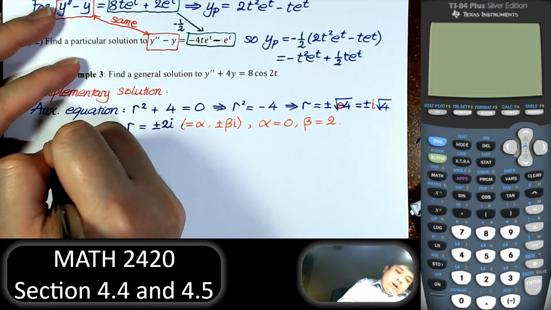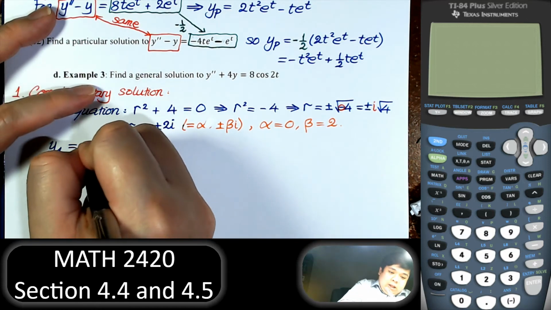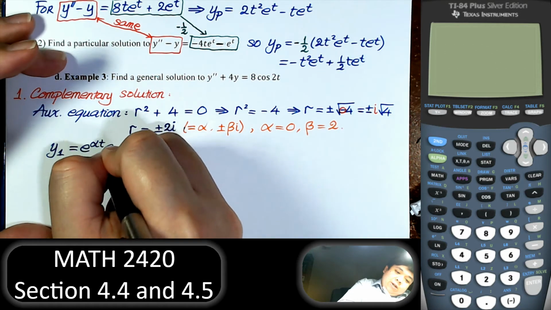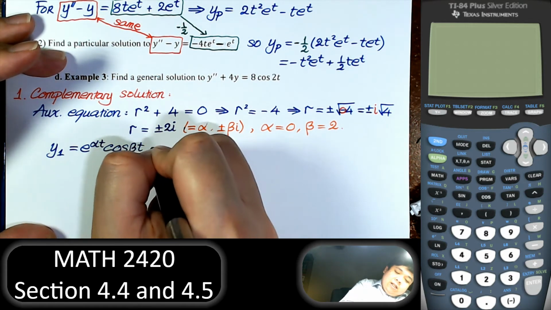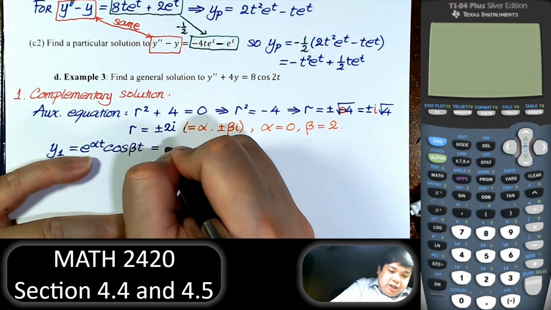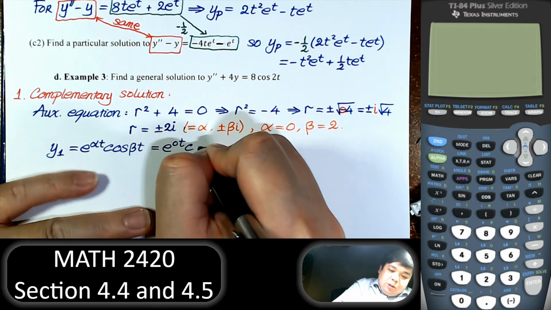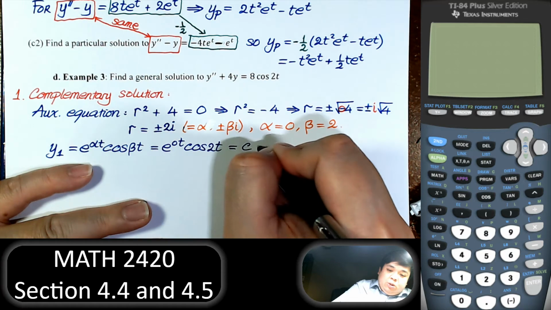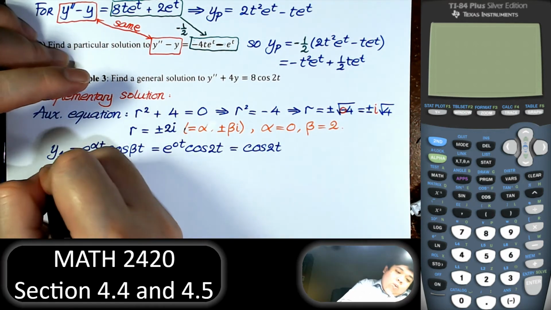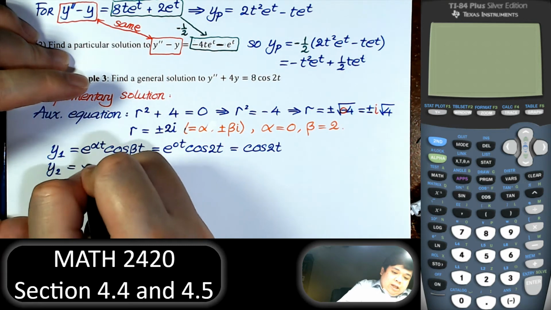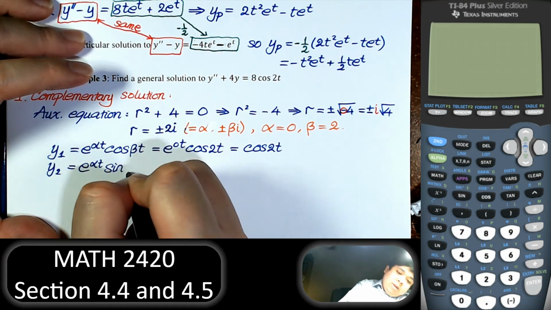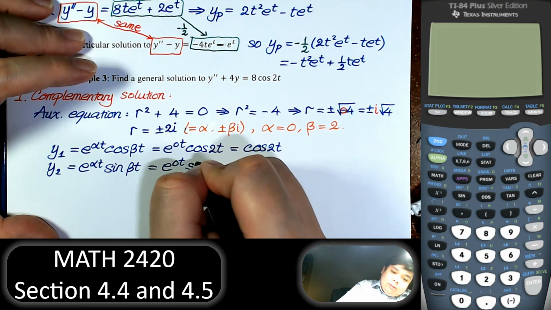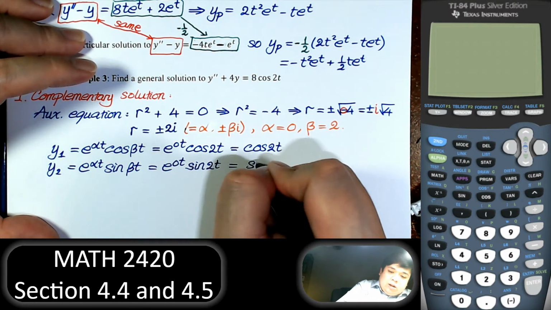So the solution y1 equal to e to the alpha t cosine beta t, alpha is 0, so e to the 0 cosine of 2t, or just cosine of 2t. y2 is e to the alpha t sine of beta t, or just sine of 2t.